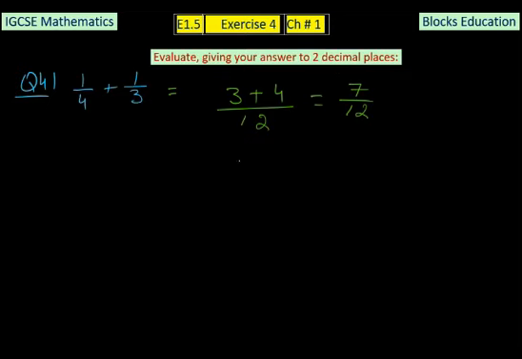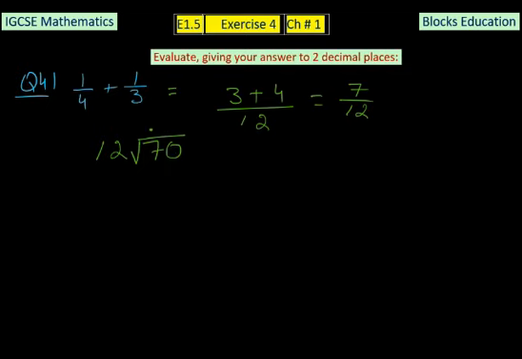So in order to do that, you have to write 7 inside and 12 outside. 7 is smaller than 12, so you need a 0. So to get a 0, you need to place a decimal or dot here, and now you can add 1 0.